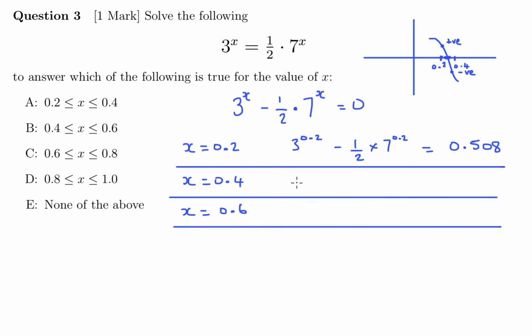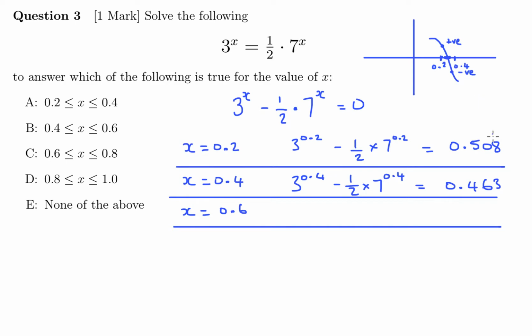And I'm going to do the same thing again, but for 0.4 this time. So typing the same thing in again, but I'm putting 0.4 instead of 0.2. That's a little bit smaller, 0.463. So we're heading in the right direction. We're getting smaller and smaller.